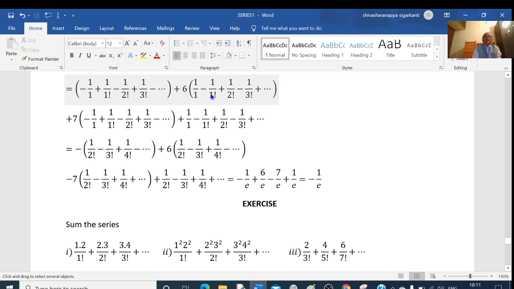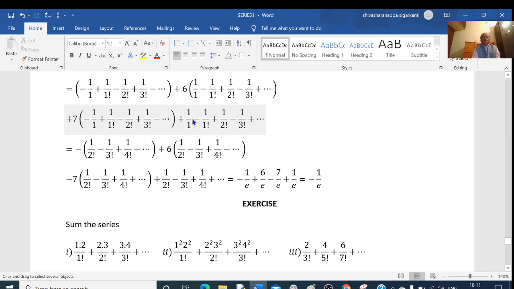In each bracket this term gets cancelled: minus 1 plus 1, here also we have minus 1 plus 1. 1 by 2 factorial minus 1 by 3 factorial plus 1 by 4 factorial. And next term, again I will take this minus sign outside, 7 into 1 minus 1, this becomes 0, this becomes plus 1 by 2 factorial minus 1 by 3 factorial and so on.